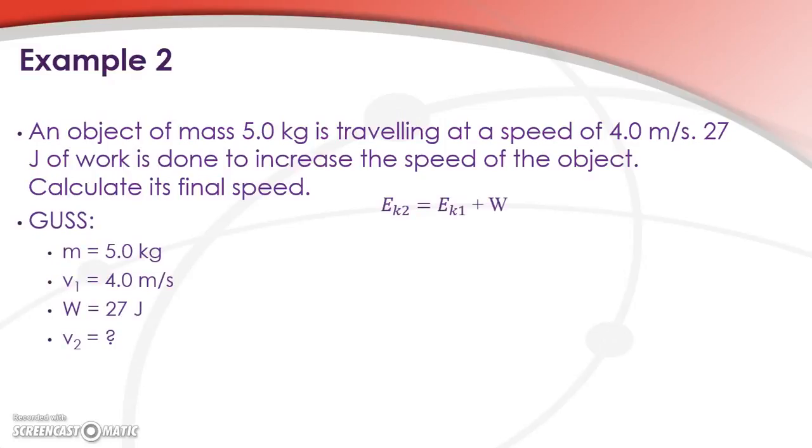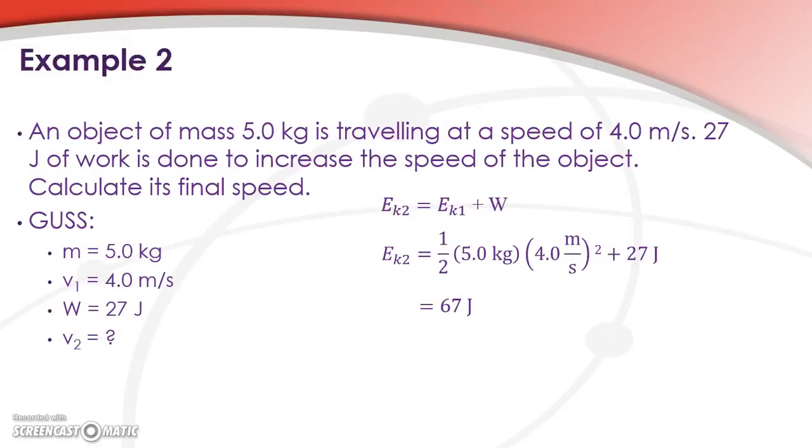What we need to do is say that the final kinetic energy is equal to the initial kinetic energy plus the work done. Law of conservation of energy, of course. And so we can calculate the initial kinetic energy and add 27 joules. Punching that into our calculator gives us a final kinetic energy of 67 joules.